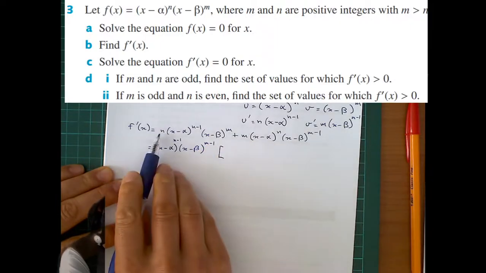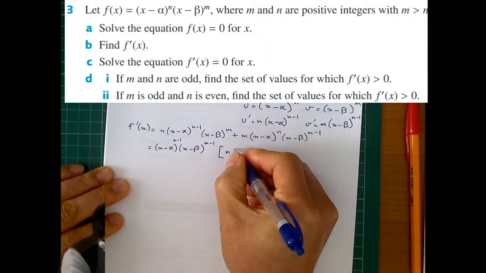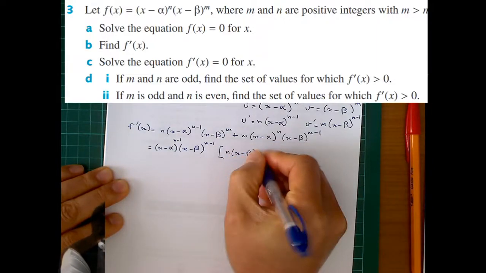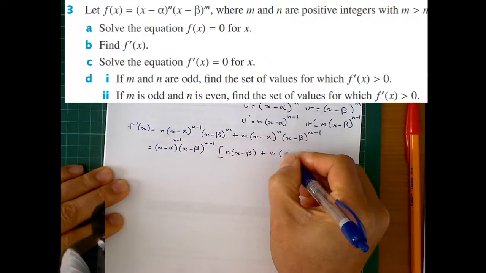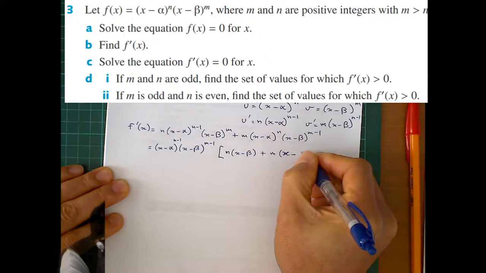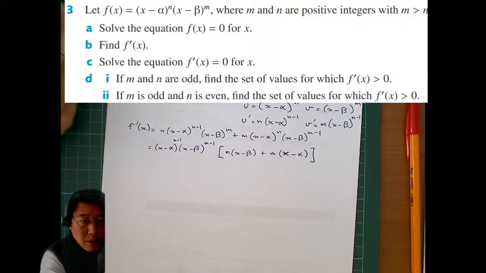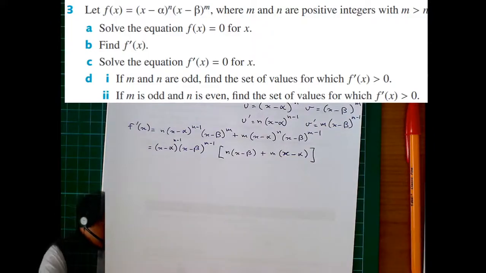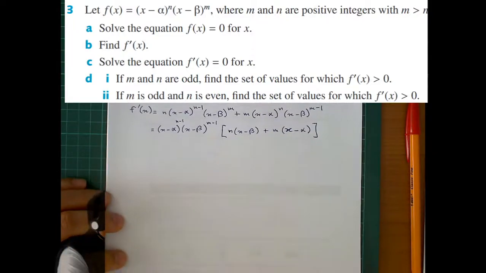What's left is going to be n and 1 of that factor, and the other term is m with x minus alpha. Okay, let me pause that because hopefully I now have the correct derivative.